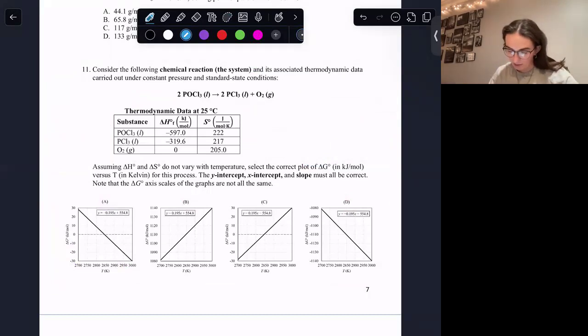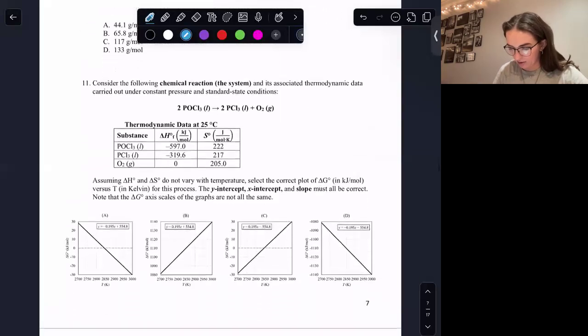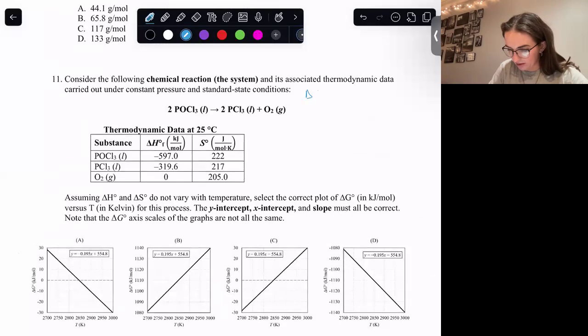And then we want to select the correct plot of delta G. So what this question is essentially asking is, when is this reaction spontaneous and what graph shows when it's spontaneous, if it's spontaneous at all. So the first thing you want to do is utilize your delta G equation. So delta G is equal to delta H minus T delta S.